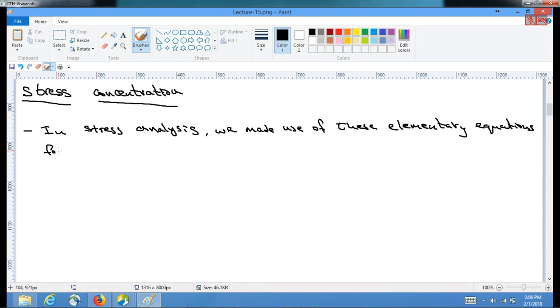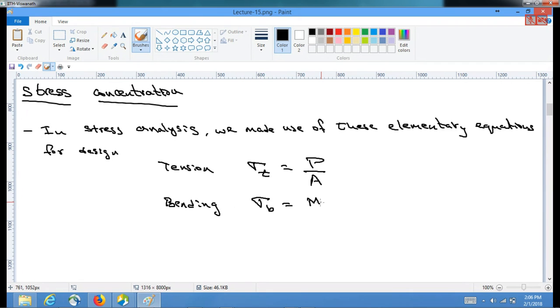For tension, we used sigma t equals P by A. Under bending, we said sigma b equals M y by I. Under simple shear, tau equals the tangential force divided by area.